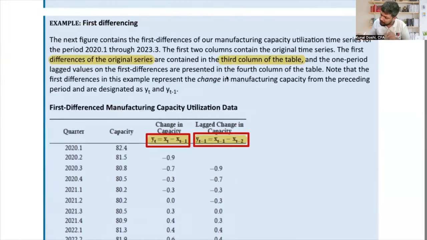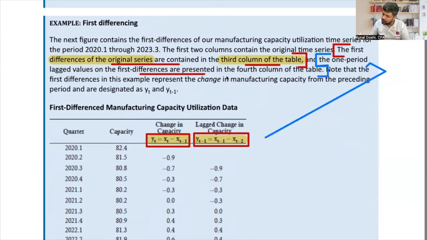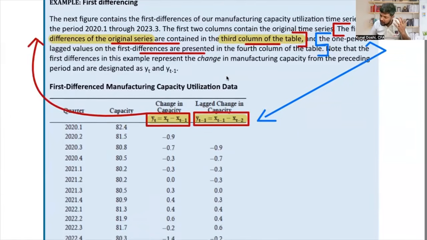So please notice here the differences of the original series are contained in the third column, and one period lag values of first differences are presented in the fourth column. So in the fourth column, we went one period back. This is the fourth column information, and this is the third column information. Got it, everyone?